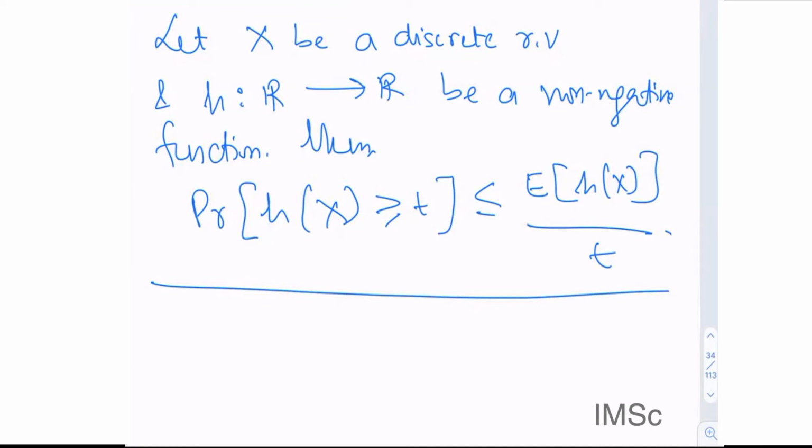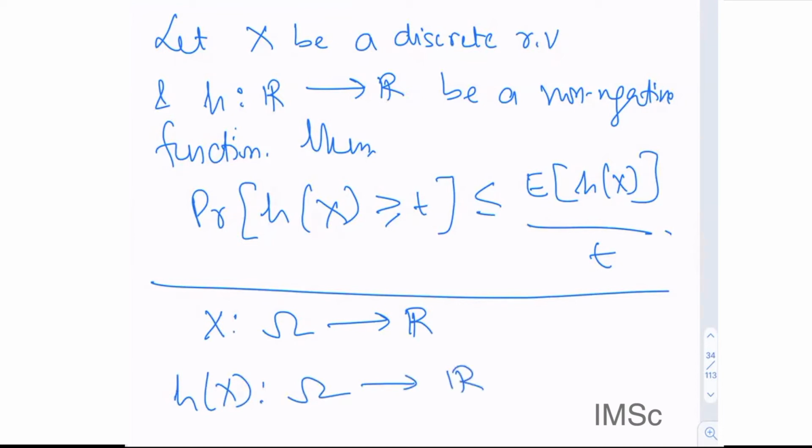Look, I'm saying that h from R to R is a non-negative function. Then what is X? X is a function from omega to the real numbers. I can define a new function h of X from omega to R as follows: for all w in omega, it is nothing but h of X of w. And what is the property of h?